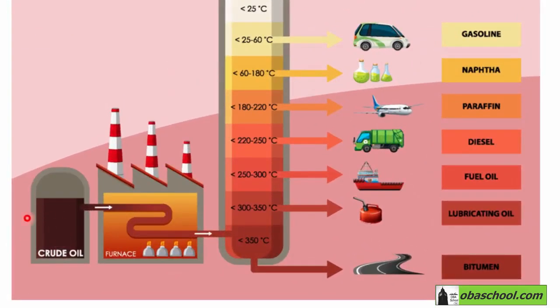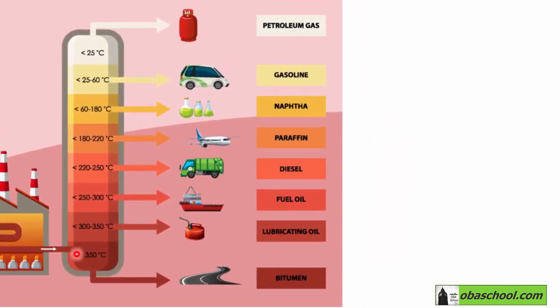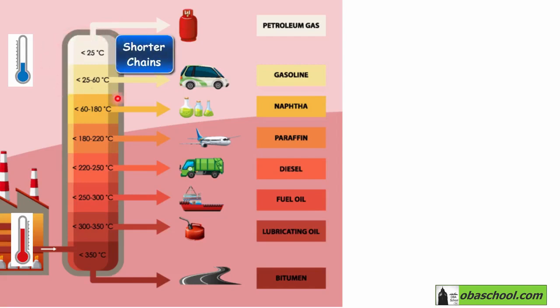So again, the crude oil will be passed into a furnace to be heated up, and then it will pass into this tower. At the top of the tower, we have lower temperatures than at the bottom. So shorter chain hydrocarbons will be condensed at the top of the tower, and longer chain hydrocarbons will condense at the bottom.